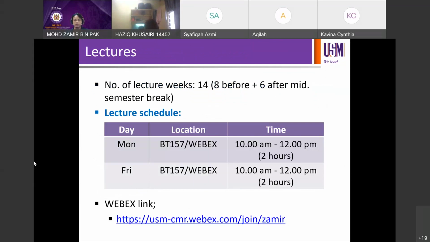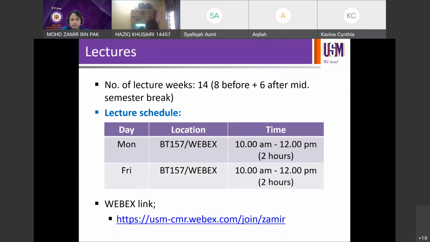So we're gonna have 14 weeks altogether for the course. So we're gonna have 8 weeks before the mid-sem break, and then we're gonna have mid-sem break in week 9, and then week 10 onwards is for the next 6 weeks of teaching and learning, right? So our classes will be on Monday and Friday, 2 hours each.